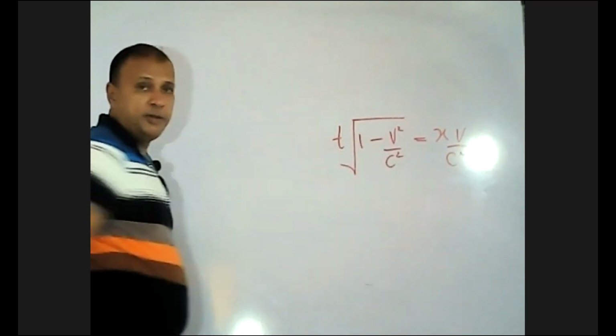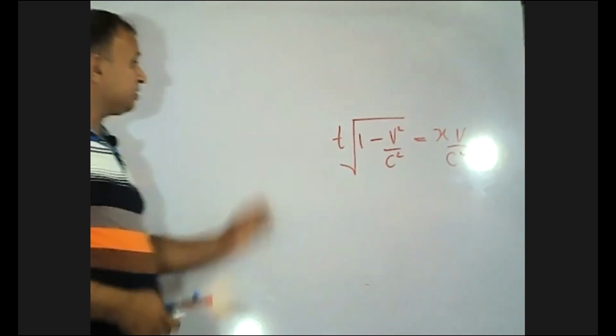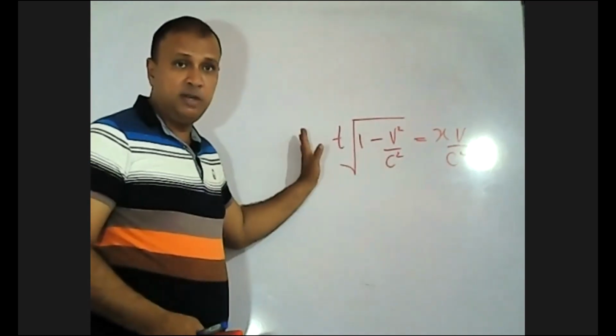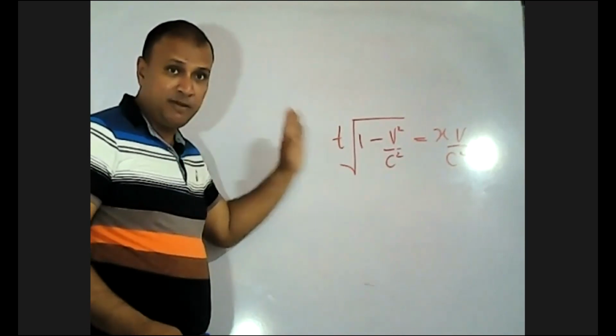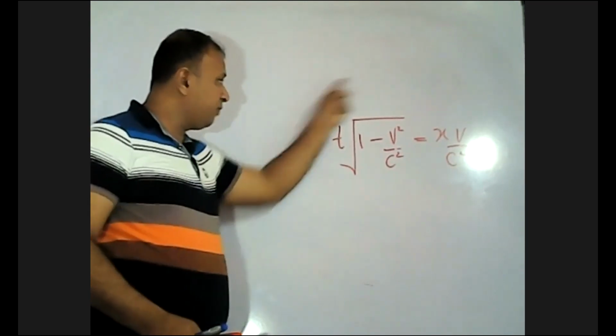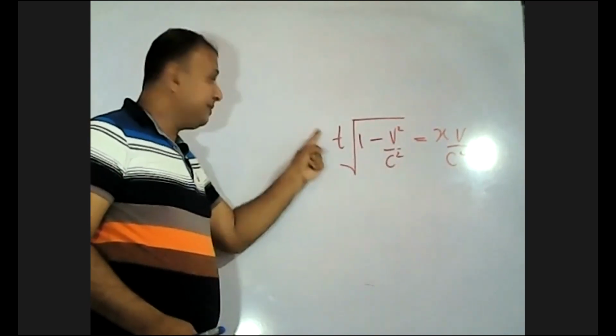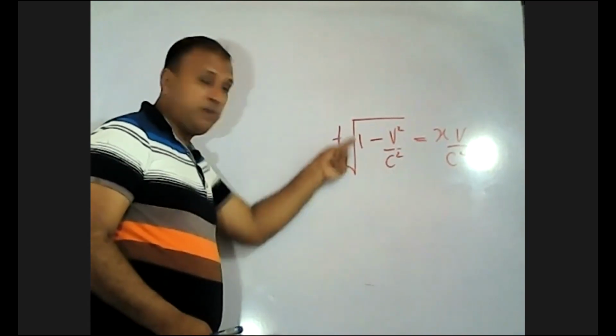This part is a number. Therefore, the dimension of the left-hand side is equal to the dimension of the right. Because this is a number, it doesn't have any dimension. So the dimension of the left-hand side is equal to the dimension of this one.